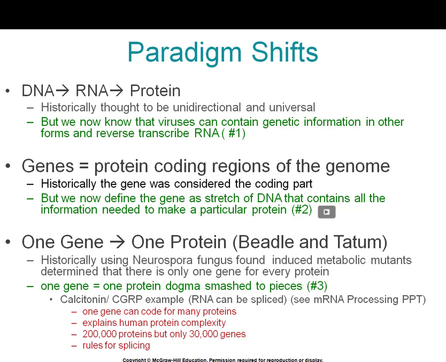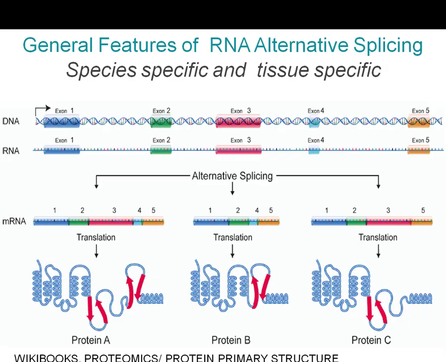So suppose we have about 30,000 genes, but we have 200,000 proteins, and this is because of alternative splicing and alternative transcripts being produced from one gene. So for example, one gene could produce on average 5 different alternative transcripts.